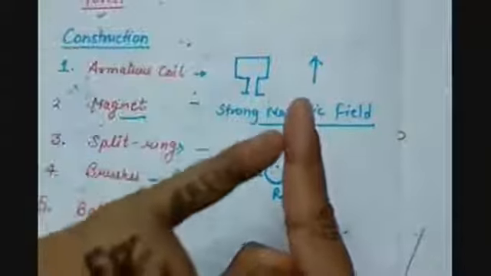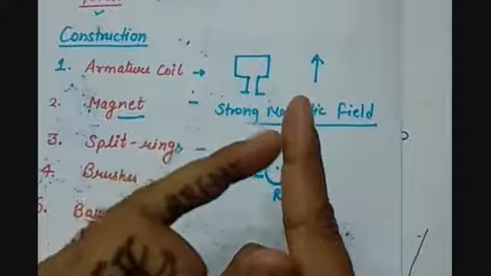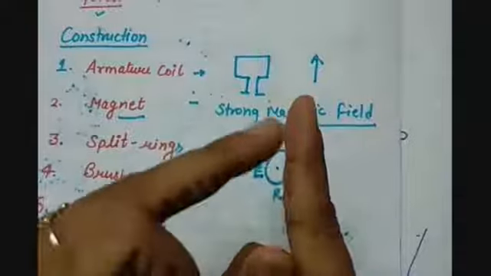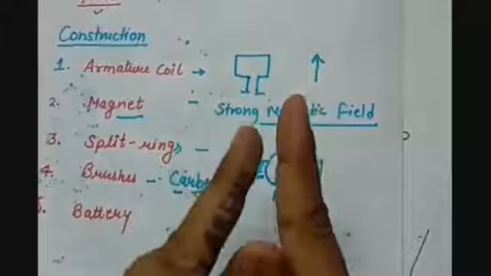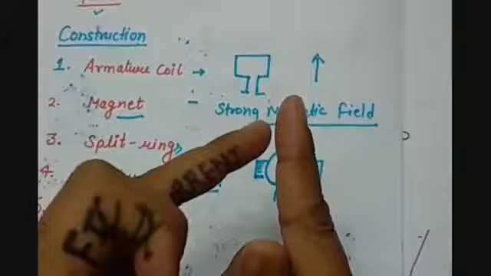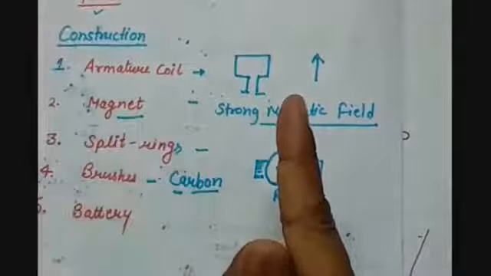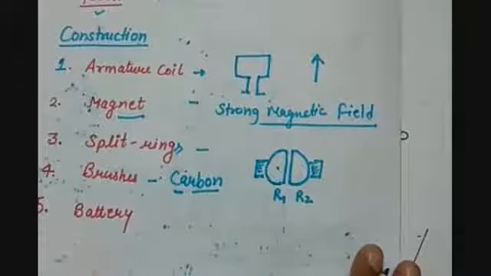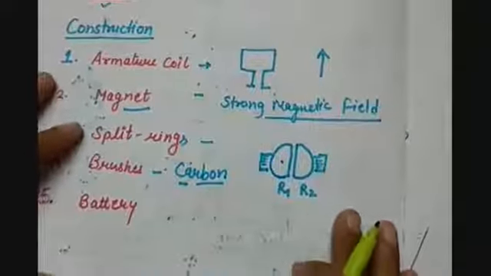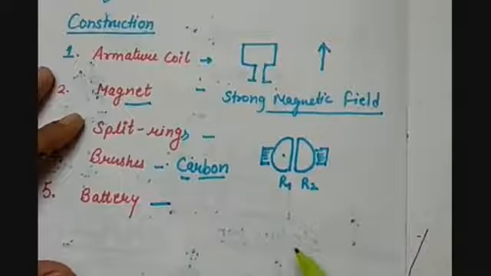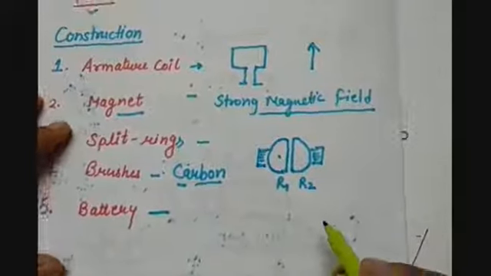These carbon brushes convey the current to the split rings, and through the split rings the current goes to the armature coil. Then we have the battery to generate the current in the electrical circuit.